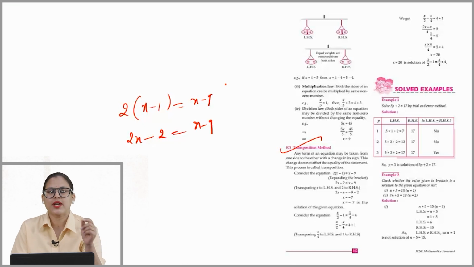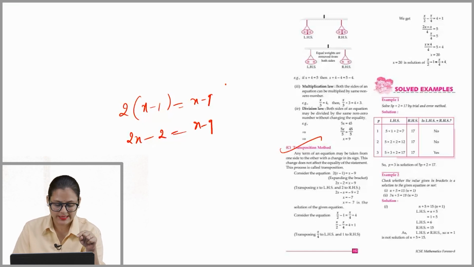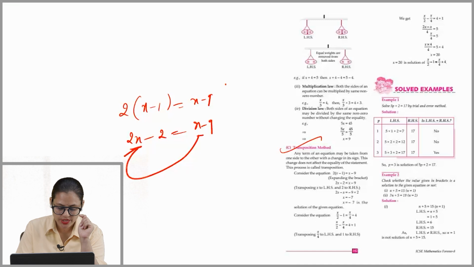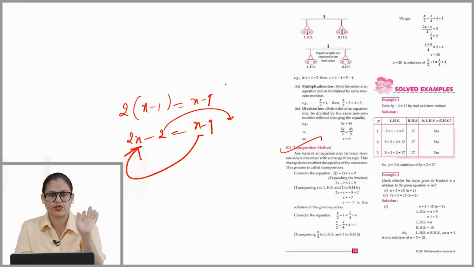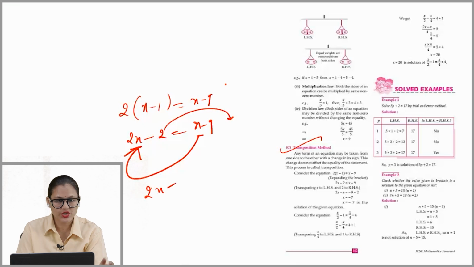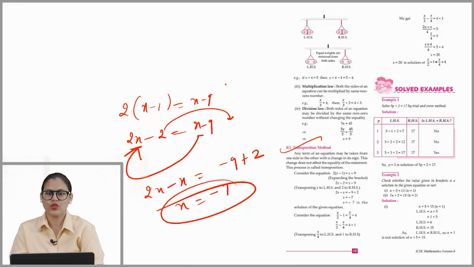Now transposing x to LHS and 2 to RHS, we will change the signs. 2x minus x is equal to minus 9 plus 2. x is equal to minus 7. So x is equal to minus 7 is the solution of the given equation.